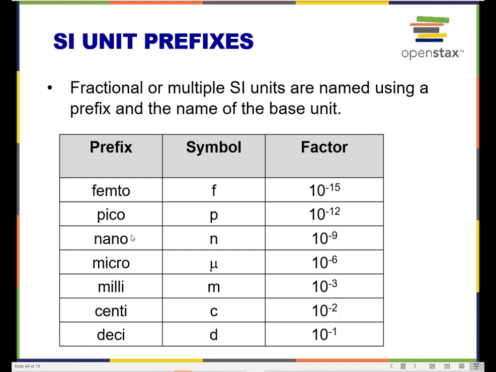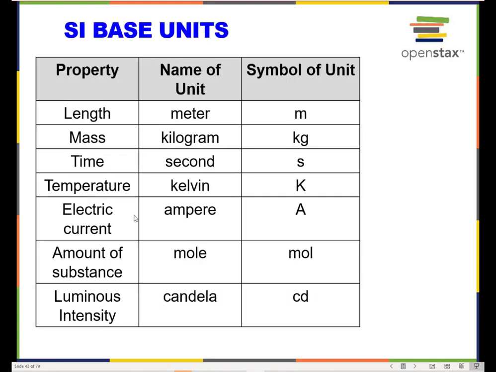And we can add these same prefixes in front of any of these units. So kilo is actually already a prefix. The base unit here is gram, and I can have a gram or a centigram or a milligram or a microgram or a nanogram.